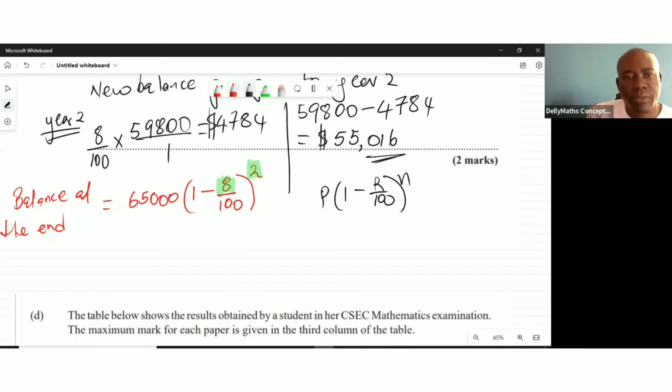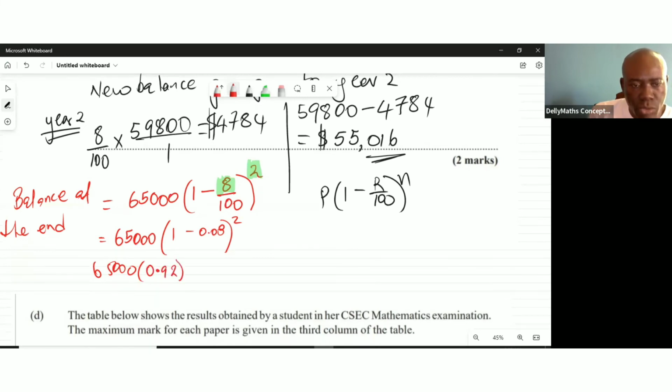Let's walk ourselves through this. So basically, we're going to have 65,000 here times 1 minus 0.08, squared, which is going to take us to 65,000 times 0.92 squared.